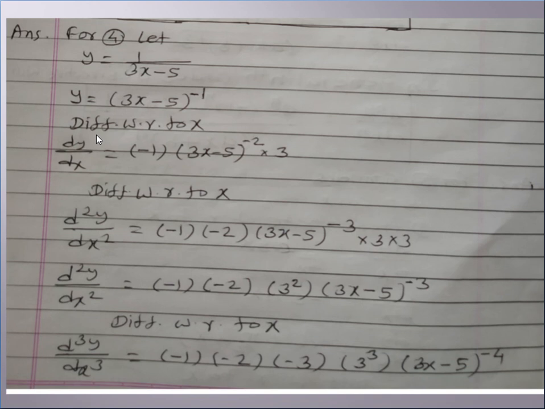Now differentiate this with respect to x. dy upon dx is equal to the derivative of 3x minus 5 bracket raised to minus 1, which is minus 1 into 3x minus 5 bracket raised to minus 2 into the derivative of 3x minus 5, which is 3.